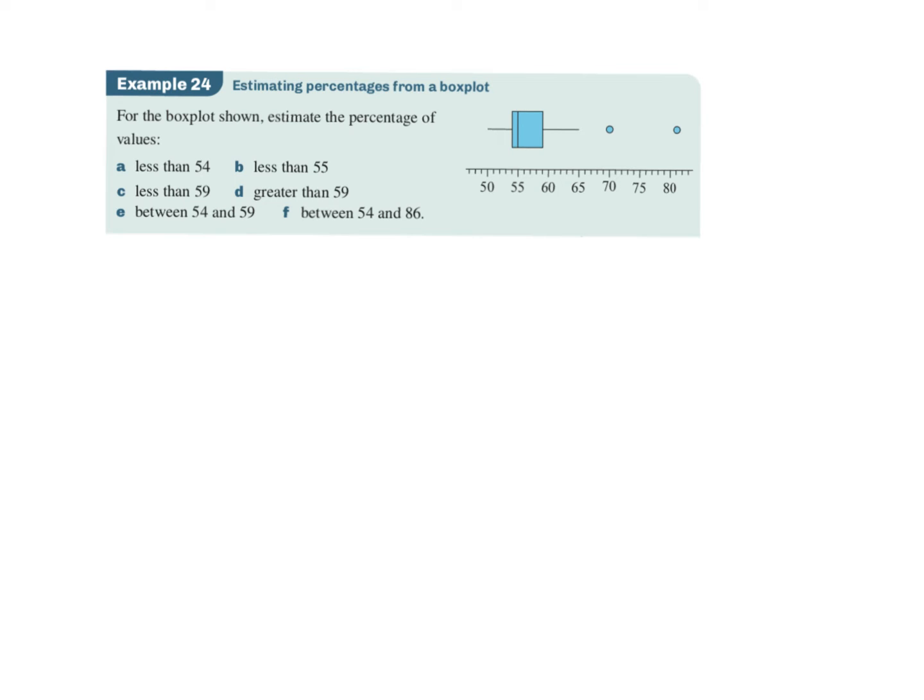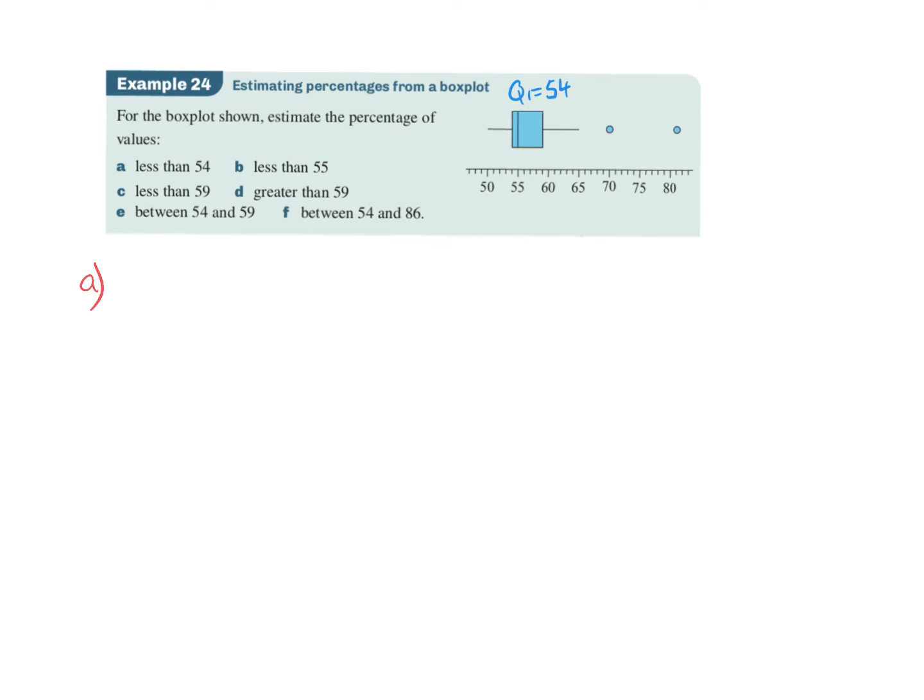Okay, example 24. All right, estimating percentages. So for the box plot shown, estimate the percentage of values. So if we look at A, less than 54. If you look at 54, what's 54 in the box plot? What does that represent? Is it Q1? Yep. So Q1 equals 54.